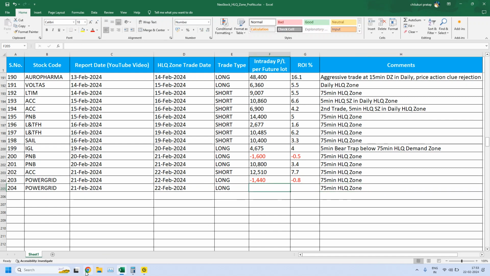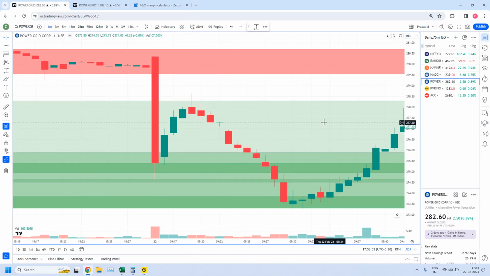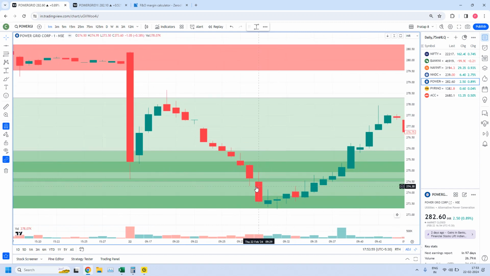So now we need to calculate how exactly we plan in futures by comparing from the equity. Okay, when it reached the zone, 15-minute zone, at 9 o'clock 29 minutes. What is our entry price here? 273.85 paisa.